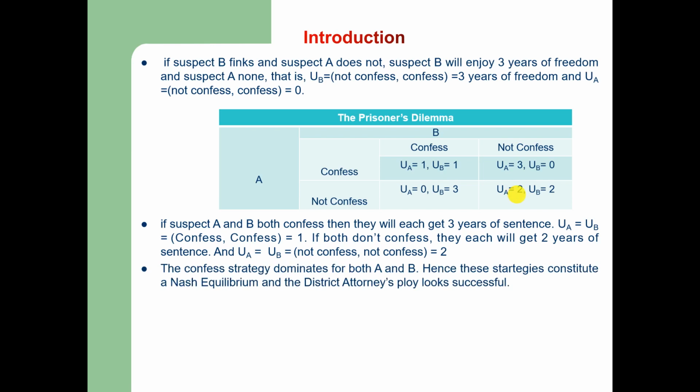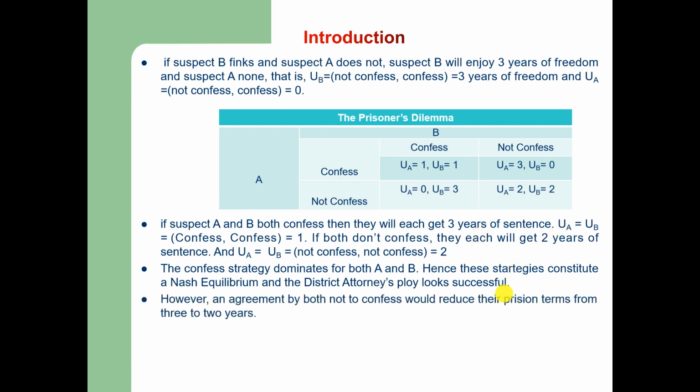The confess strategy in this game is the dominant strategy for both A and B. Hence, these strategies constitute an example of a Nash equilibrium, and the district attorney's ploy looks successful. However, an agreement by both not to confess would reduce their prison terms from 3 to 2 years.